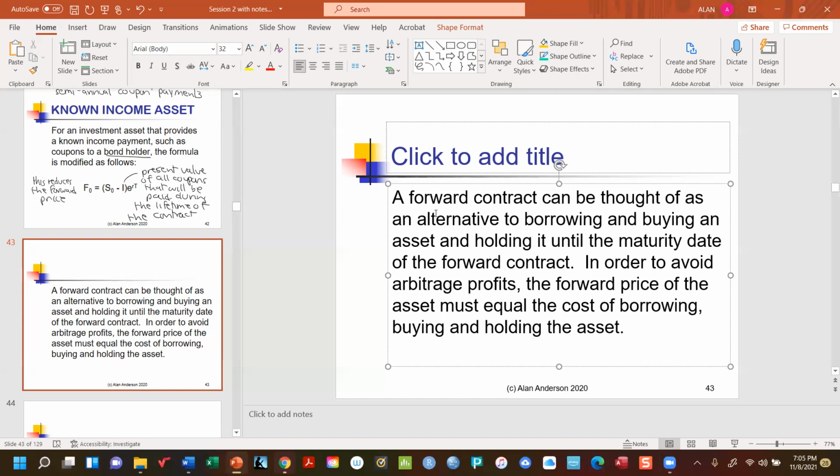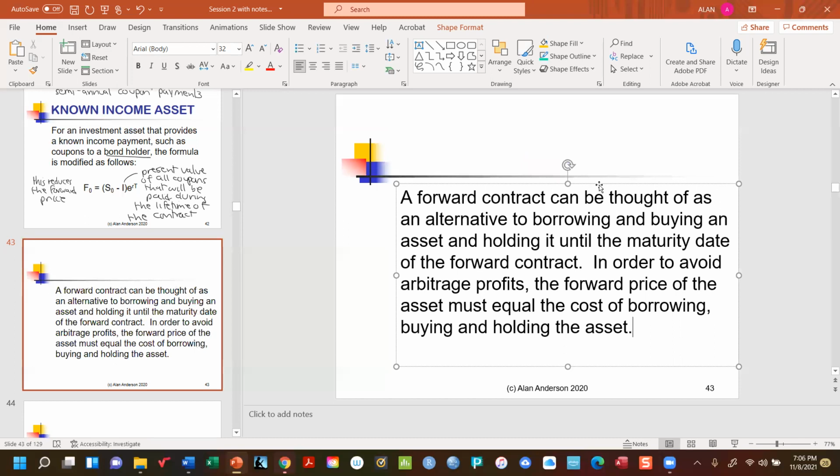Now the gold was not giving us any income. We bought the gold, we left it in our safety deposit box, I guess, and we held it until the date that we actually needed to use it. The forward price would therefore reflect the cost of doing that.